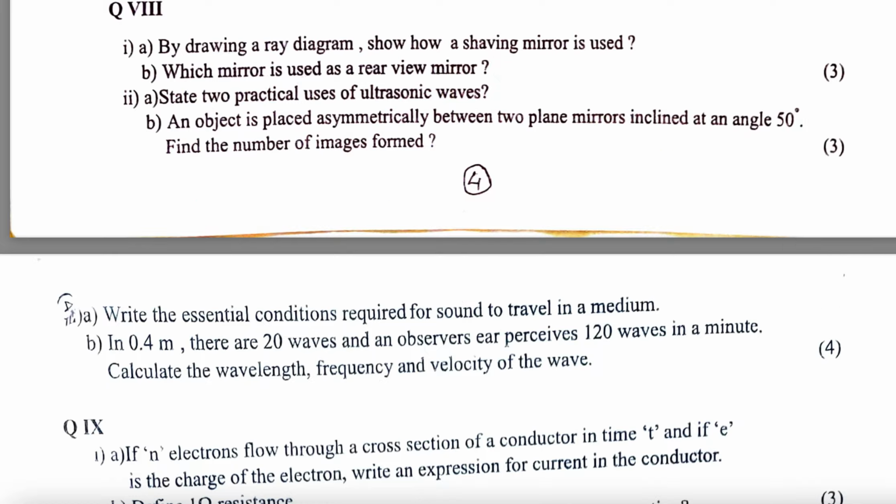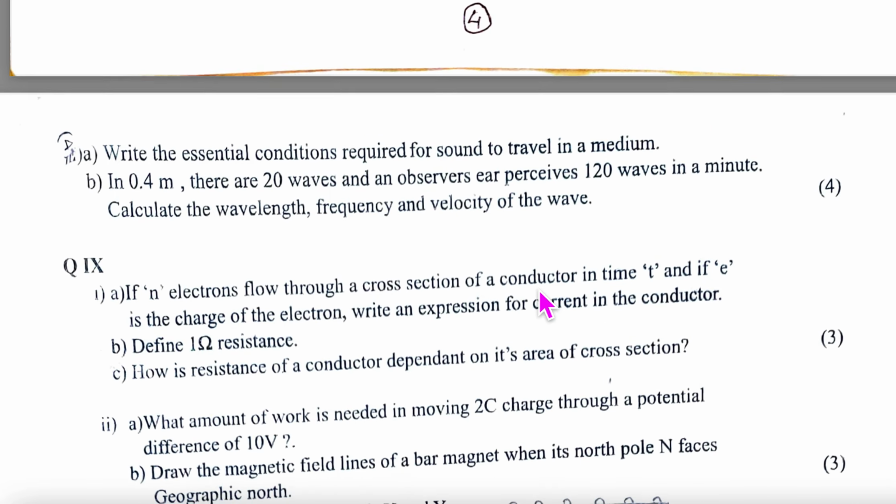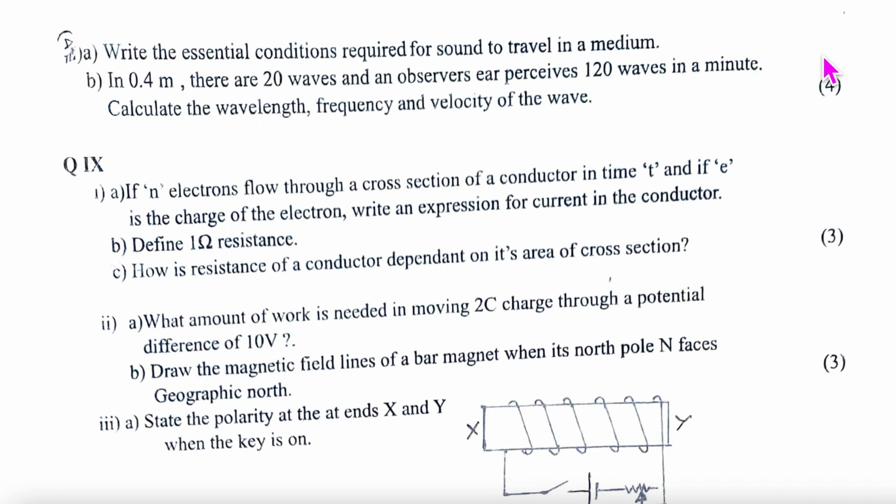We come to the next one. Essential conditions required, again learning work. In 0.4 meter, there are 20 waves. What does it mean? That 20 waves in 0.4 meter.